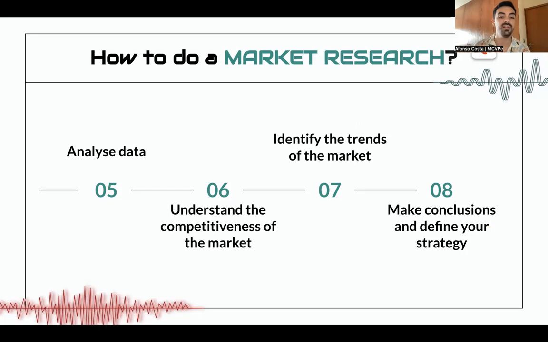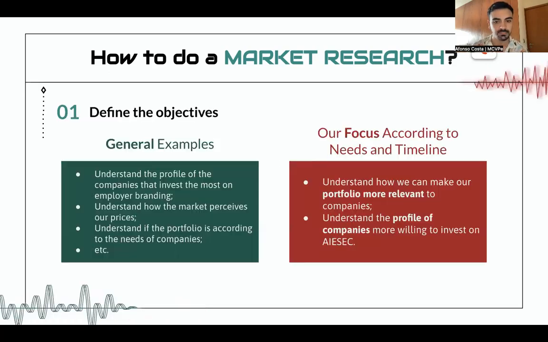But before that, in point number 6, you also need to understand the competitiveness of the market through some methods that we will see in the next slides. And also, before the conclusions, you need to identify the trends of the market so that you can fully understand it. Okay, let's go step by step.